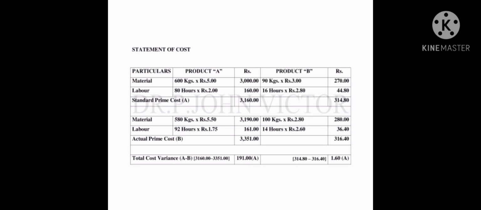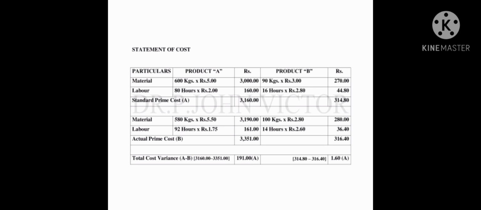Now we have to check the total cost variance. In other words, standard prime cost minus actual prime cost. Actual prime cost is to be deducted from standard prime cost.